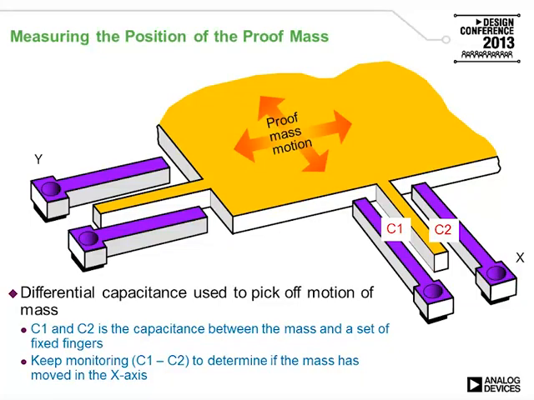C1 and C2, shown here in red, represent the capacitance between the proof mass finger and the fixed fingers. And we monitor the differential capacitor pair to determine whether the mass has moved. If the mass moves, the pair will become unbalanced, and the imbalance can tell us the amount of displacement, which in turn corresponds to acceleration.